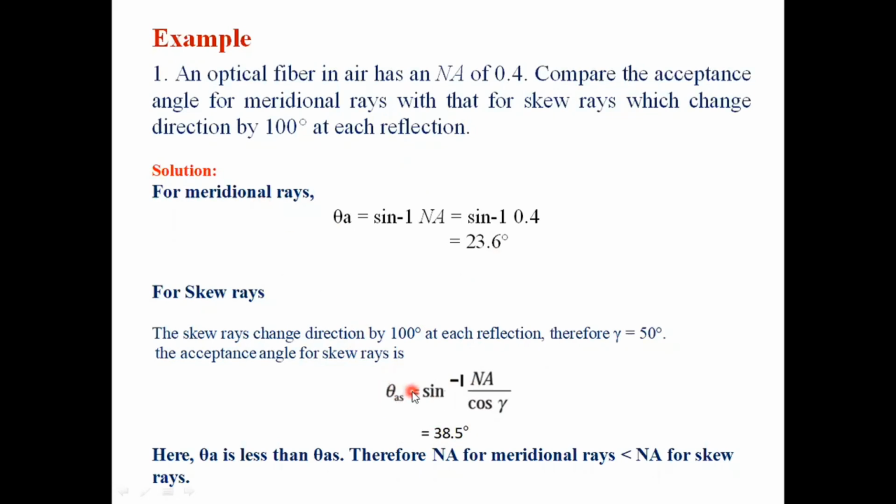If the acceptance angle increases, the numerical aperture also increases. This is what theta A less than theta AS means. Therefore, the numerical aperture for meridional rays is less than the numerical aperture for skew rays. This is a very important phenomenon: how the numerical aperture for meridional rays and for skew rays is calculated, and what the importance is for optical fiber.